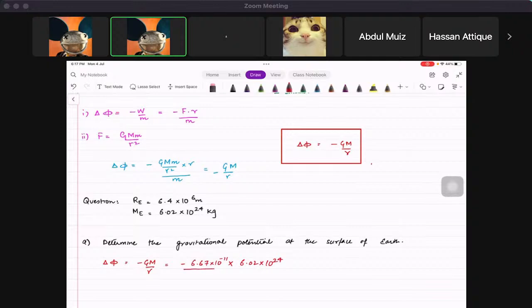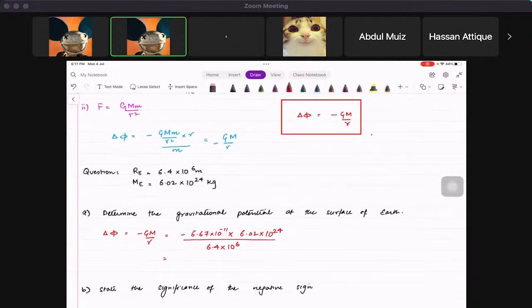And then it's divided by R, which is basically 6.4 times 10 raised to power 6. There's no square in it, by the way. If you calculate this, it is going to be minus 6.27 times 10 raised to power 7 joules per kilogram, or you could write it as minus 62.7 megajoules per kg. Everybody understands this?